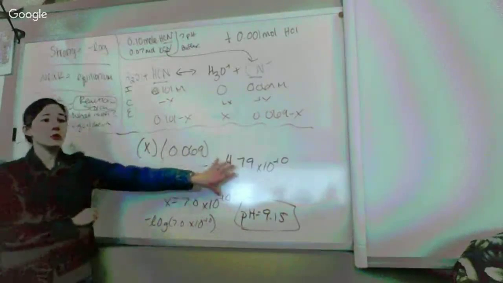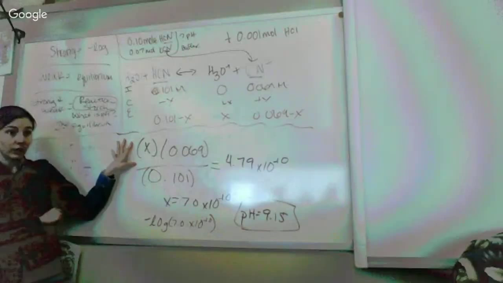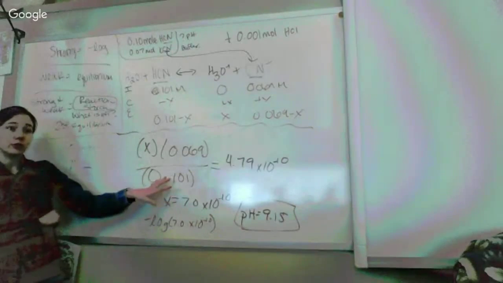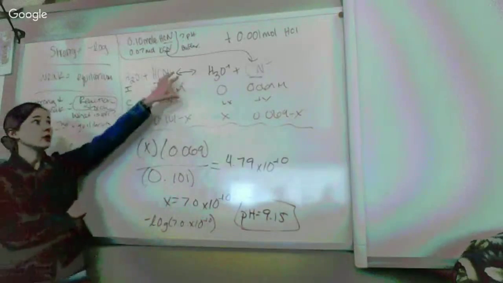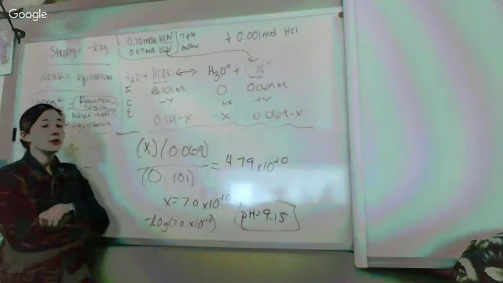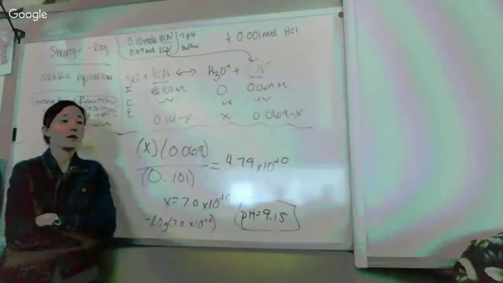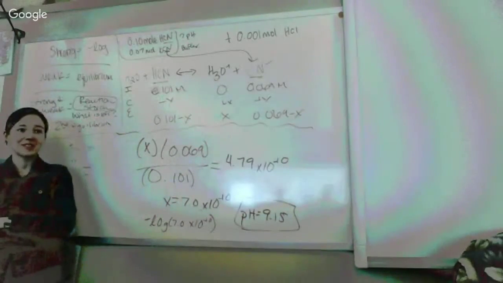Do your reaction, what's the strong going to be reacting with what weak, and figure out what reaction occurs first. And then with what's left over, run an equilibrium problem, even in a titration. There's really no difference between a titration and a buffer. It's all the same.